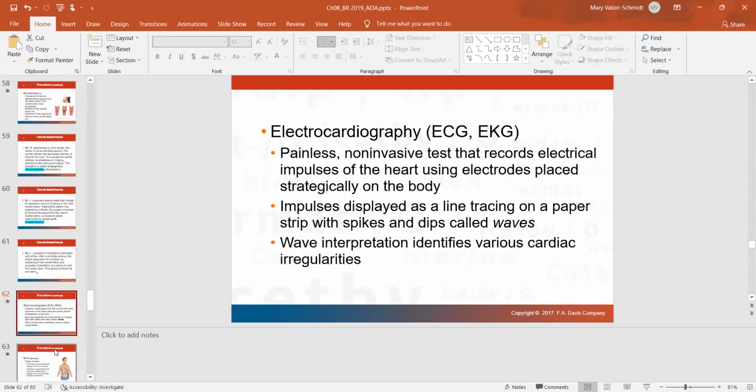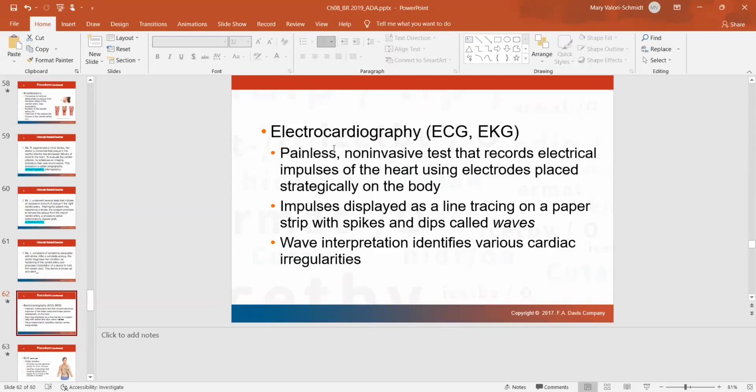ECG, EKG. Understand that those two are interchangeable. They both stand for electrocardiography. It was a K for many years because it was found by a German doctor, and Germans don't have C's, they have K's in their language. So it was electrocardiogram with a K, but both of these initials mean the same thing.